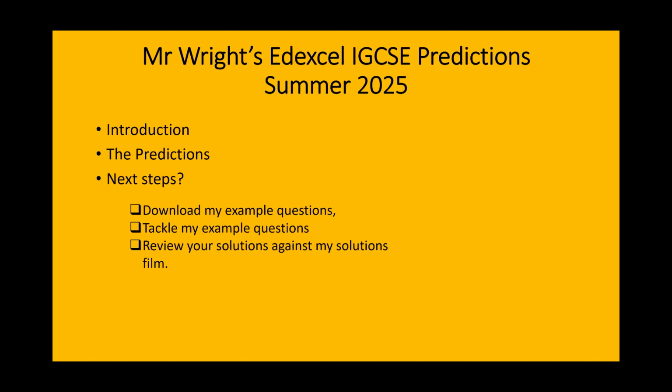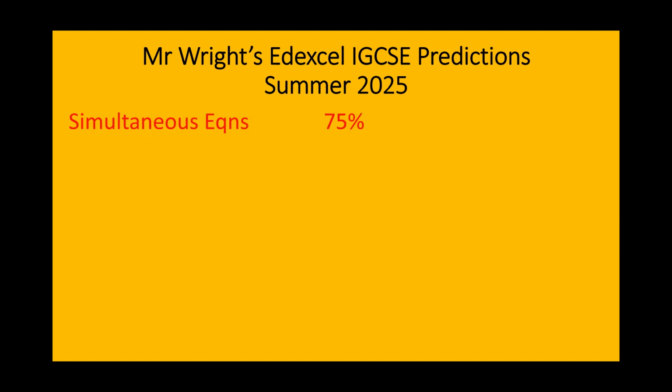Right, so what do the predictions for each of my topics look like? Well, here's an example. This is my information on simultaneous equations. Now, of course, each topic I'm predicting, I tell you what that topic is. What a surprise. This is simultaneous equations. And each topic has a percentage assigned to it. Now, 75% for simultaneous equations. This means that simultaneous equations appears on 75% of every past paper.